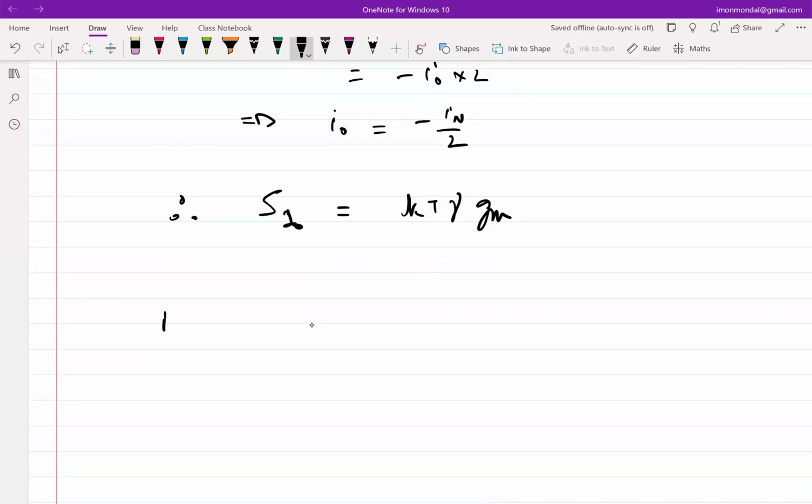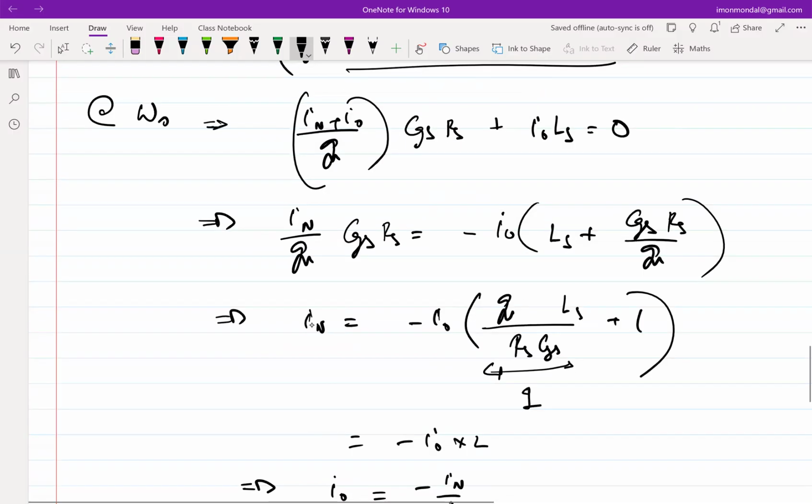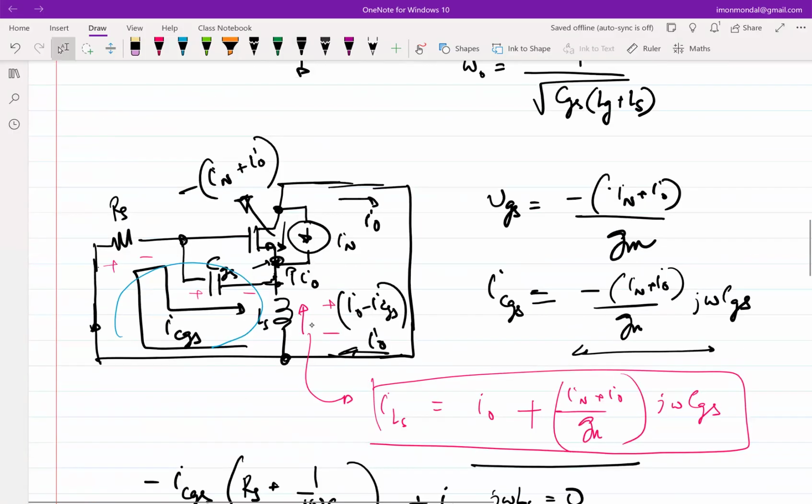So noise factor is 1 plus. 1 plus is because of the contribution of the RS, which anyway will be there. The signal will be applied here, and the noise also comes in series. So the effect of signal and RS are identical. So that gives you that 1 plus.